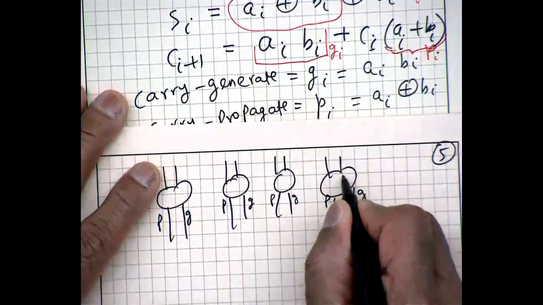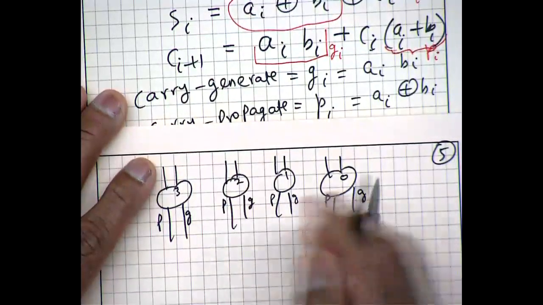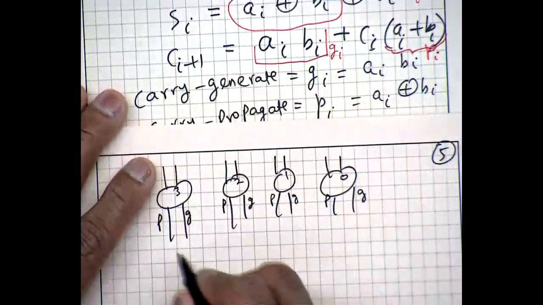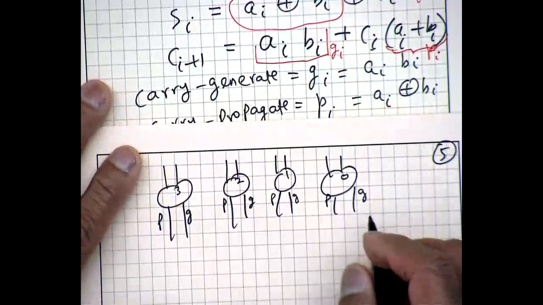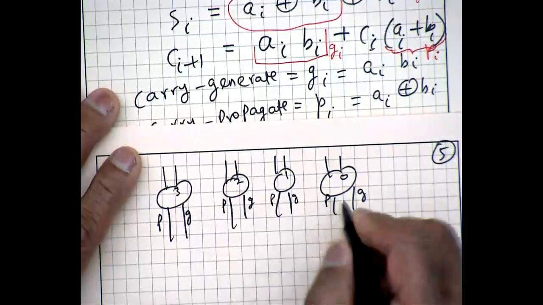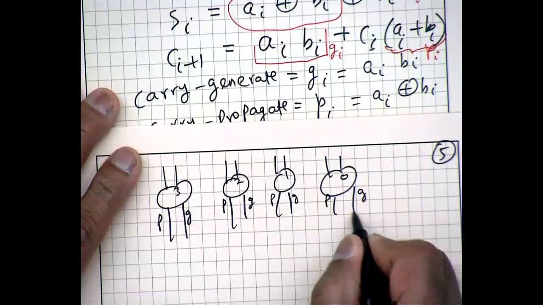So let's call this position 0, 1, 2, 3. It might be simply a little easier to put G here that can propagate, but it doesn't matter.